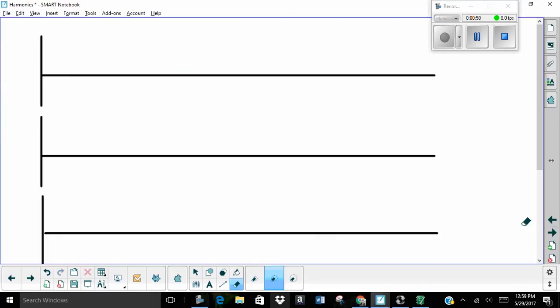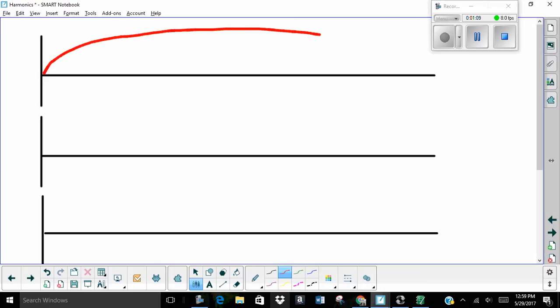Okay, so here we go. We're going to draw the first 3 standing waves that can be formed on this string, and I'm going to use my best artistic abilities here. So the first one can be formed when you have half a wavelength on the string.